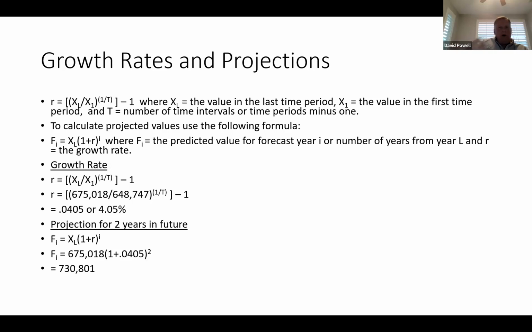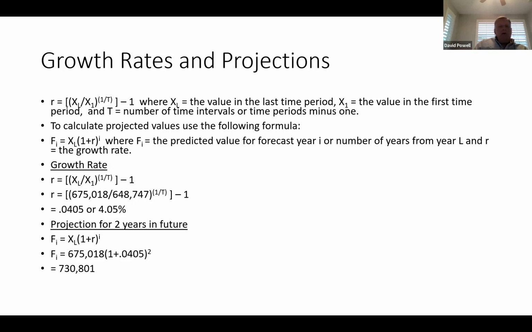We're only forecasting 1 year here, the difference between those 2 years. So it's only 1 year difference. So your exponent becomes 1. You work through that, you end up with a growth rate of 0.0405 or 4.05%.